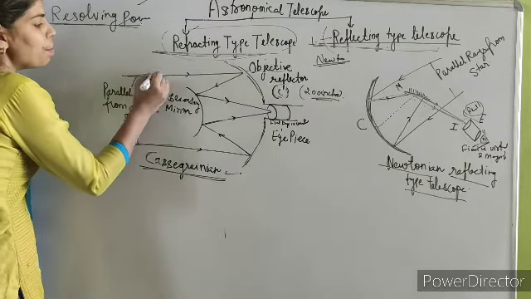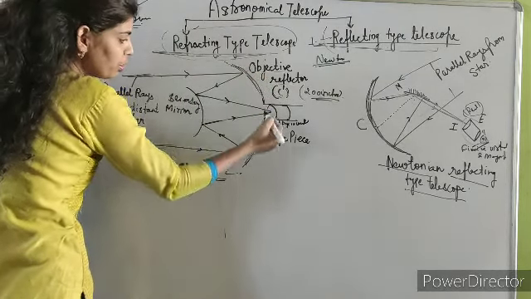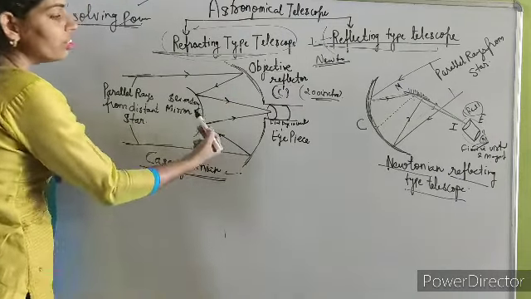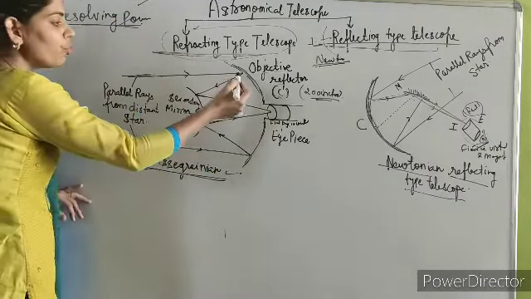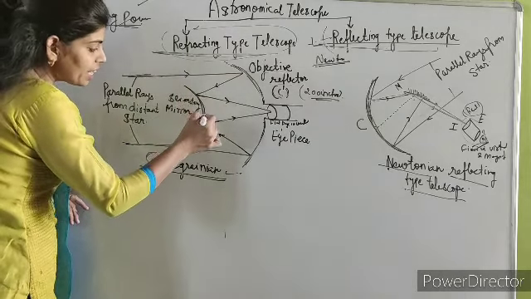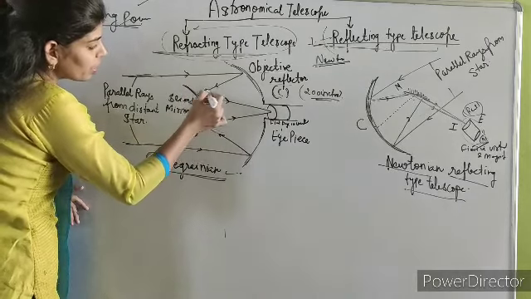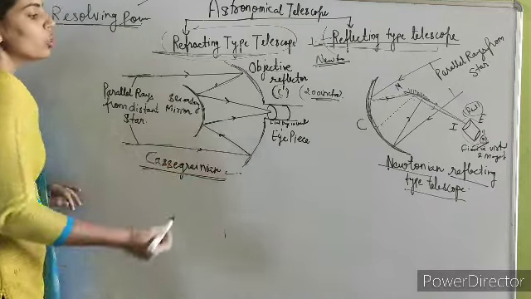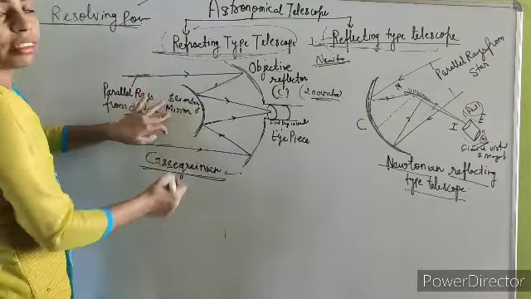These light rays are parallel to the principal axis, and after reflection from this concave reflector, they would converge at the focus of this reflector. But before converging at the focus, they encounter a secondary mirror, and this secondary mirror is a convex mirror for these reflected rays.